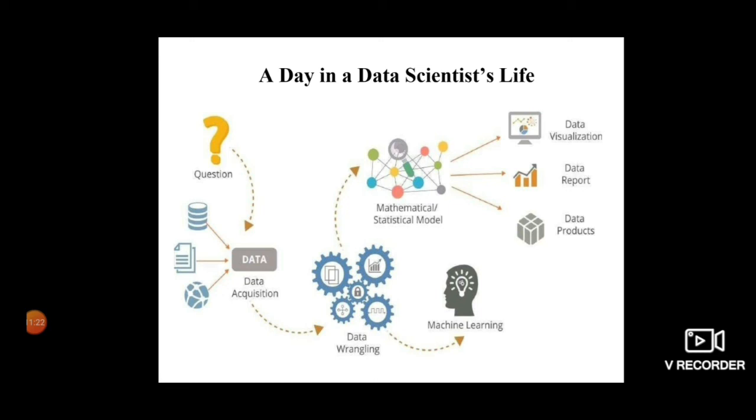They have to collect data, then perform data acquisition, then after that they have to perform different activities like filtering the data, cleaning data, transforming it, then data wrangling, using different mathematical and statistical models, or some machine learning algorithms, and it will generate the output in the format of data visualization, data report or data products.